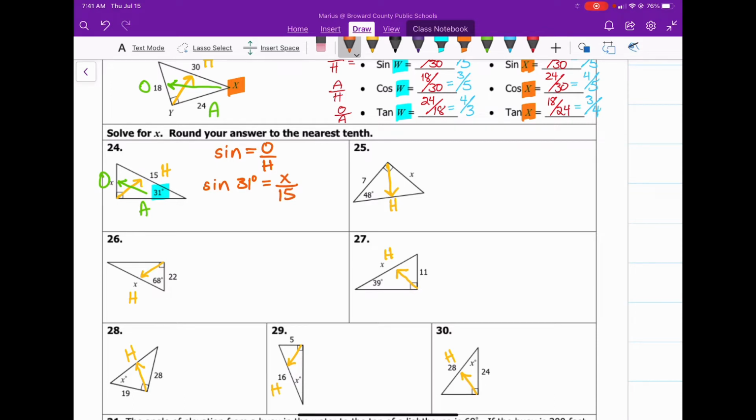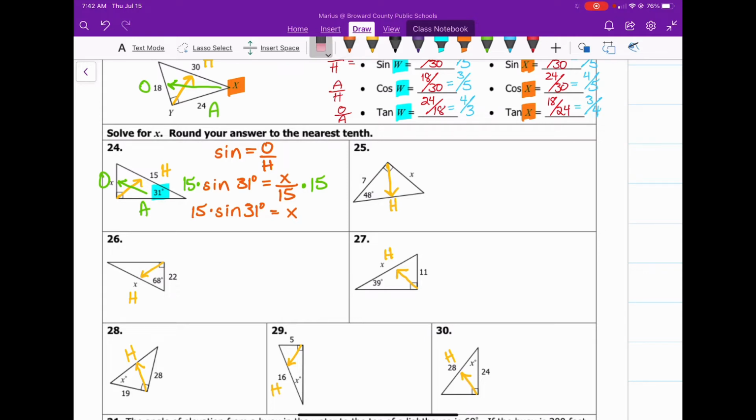And we need to solve for X, all right? In order to solve for X, we would simply have to multiply both sides by 15. So that really tells us that X is equal to 15 times the sine of 31 degrees. Now we just need to figure out what X is equal to, okay?